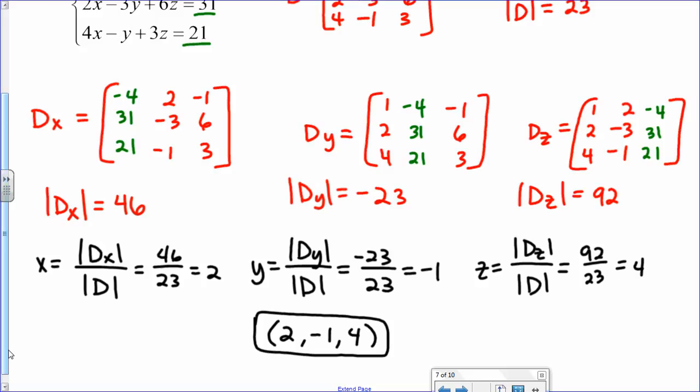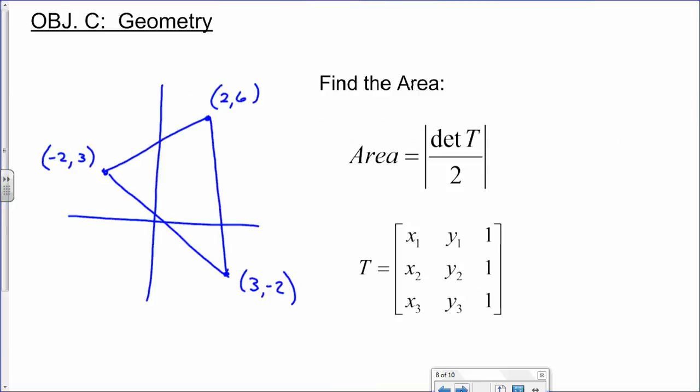Okay. So we can actually use some matrices to help us with some geometry. So what I'm going to do is calculate the area of this triangle.